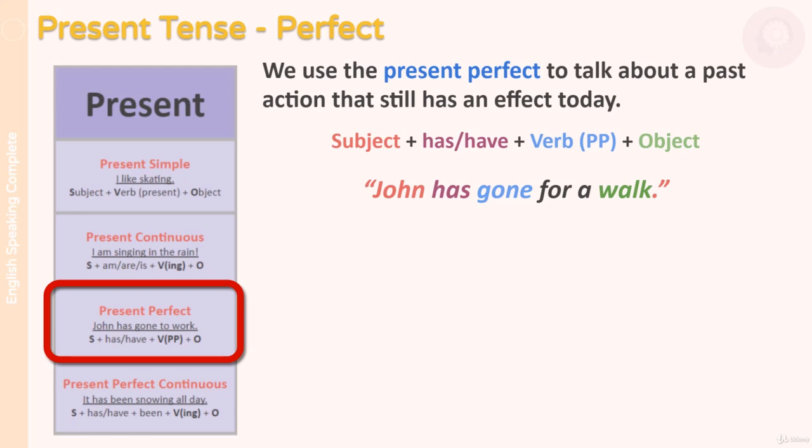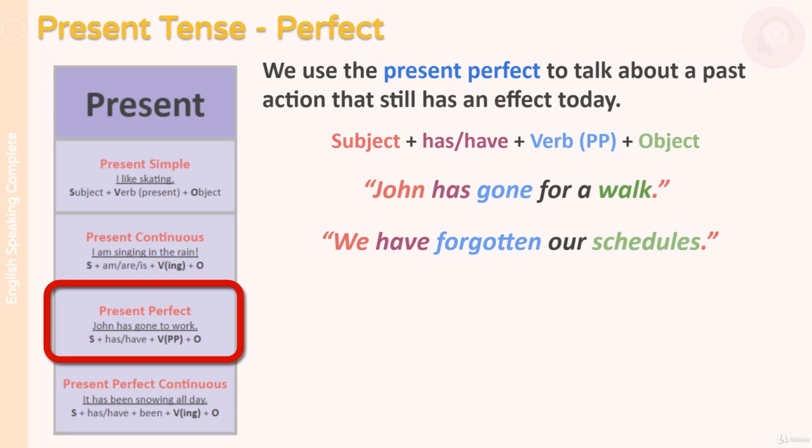Okay, let's look at another example. We have forgotten our schedules. Of course, we have could become we've as a contraction, a little bit advanced. We have forgotten our schedules. So we is not third person singular. We have forgotten.